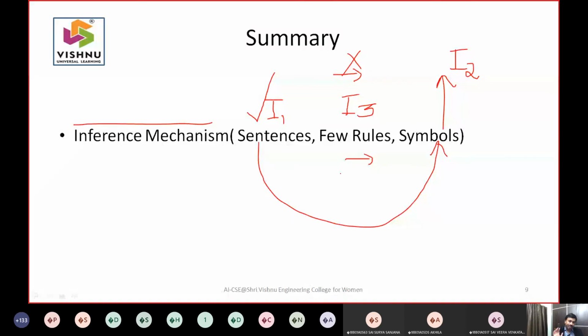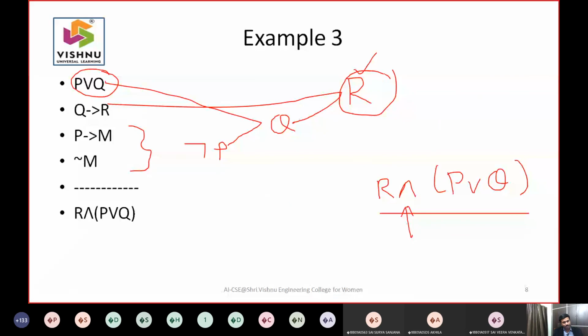But what systems are there in the syllabus is, we have systems I2 and I3 within the syllabus. We have no systems in the syllabus which will process the statements and understand something and then try to infer. That type of systems were not there in the syllabus, but that type of systems are in demand now. What is there in the syllabus is, we will be given some symbols and then we try to infer. We will be given some statements, we convert the statements into symbols, then we need to infer. These two types of systems are there.